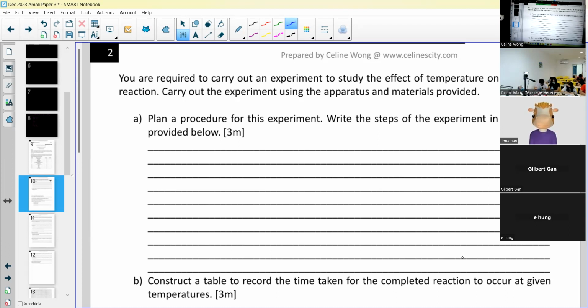Number two. Look at your measuring cylinder. How much is the smallest scale? Anyone recall? Tell me how much is the smallest scale? 0.1.